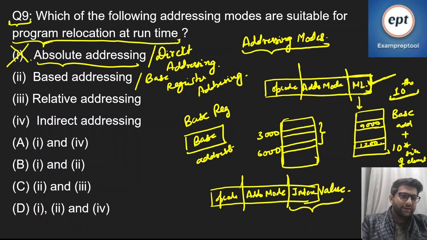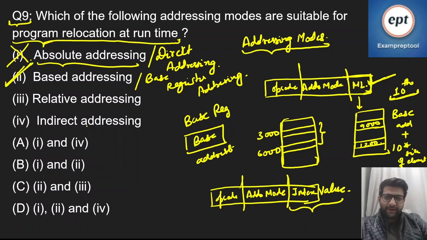So even if we relocate this program, we will not have to change these index values. That is why this type of addressing supports program relocation, right? So this is correct.